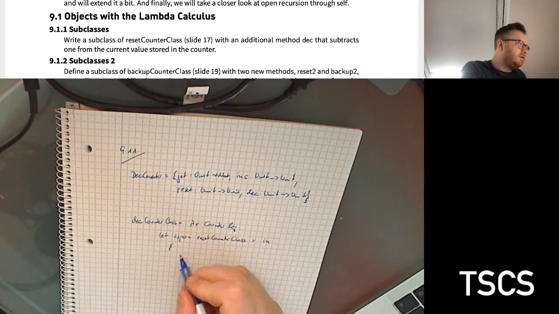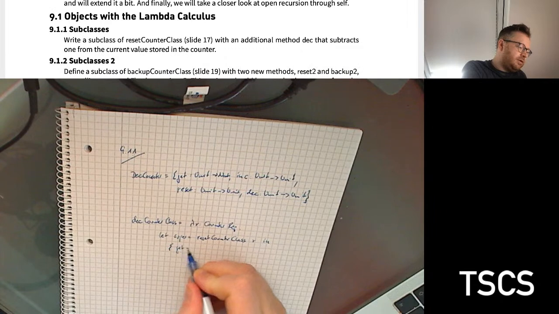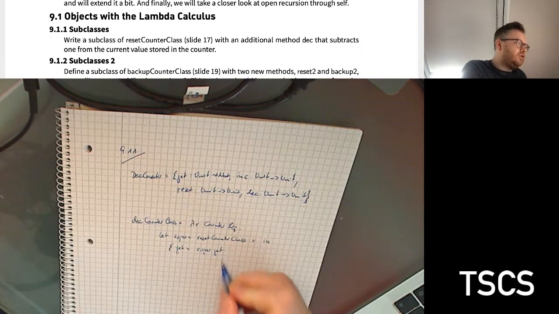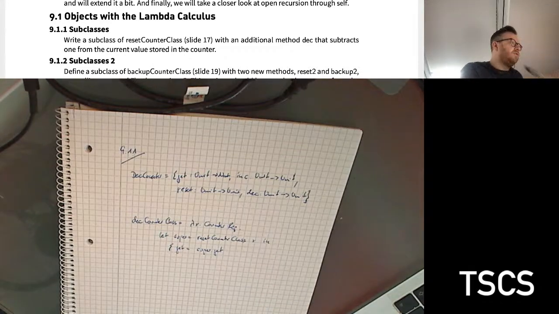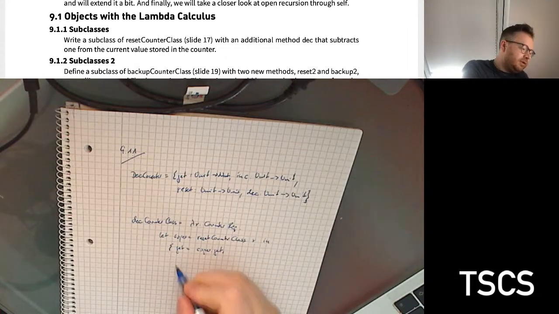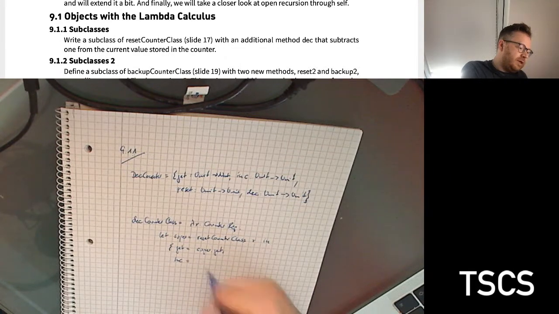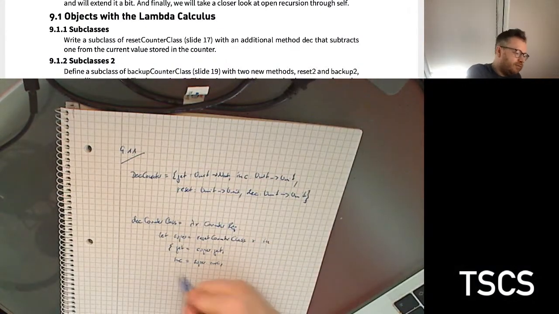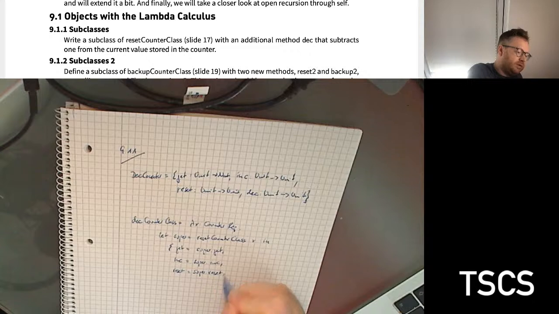fill the record, and get is of course just an alias for super.get, and inc is an alias for super.inc, because we don't need to do anything else. And we have the reset, which is of course super.reset.